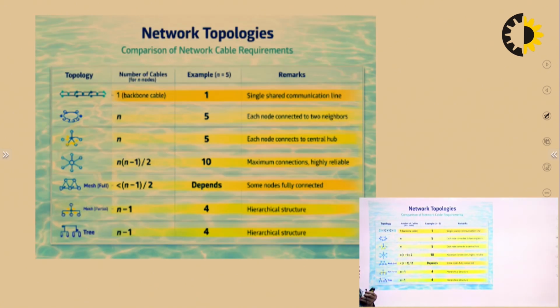So here you can see there are n devices and one backbone cable in a bus topology. In the ring topology, n cables are required. In the mesh topology, where maximum connection is reliable, n into n-1 by 2 will be required. And in the bus topology, n plus 1 will be required.